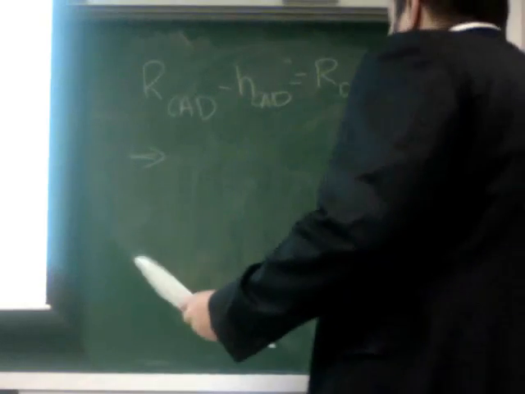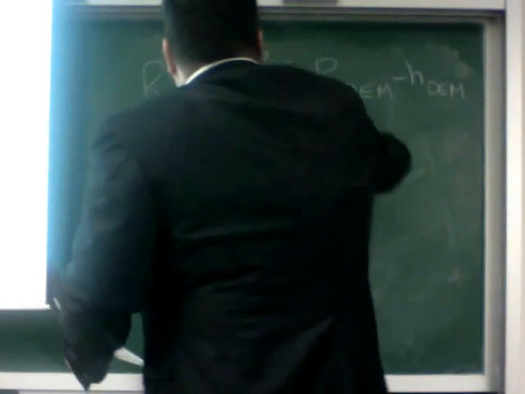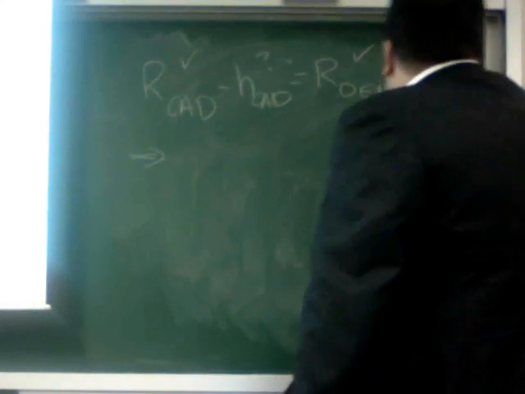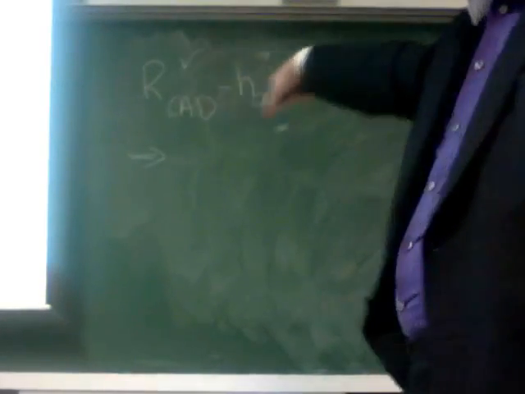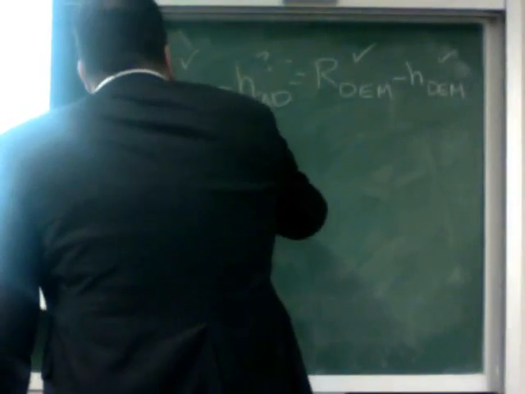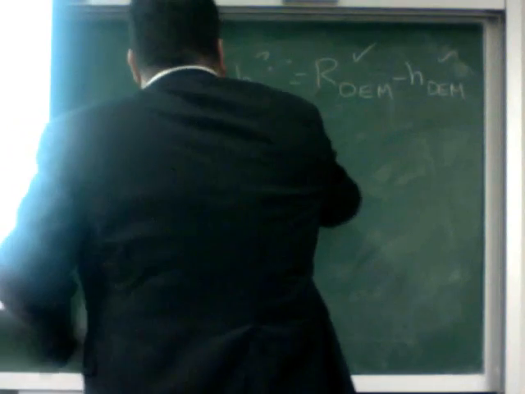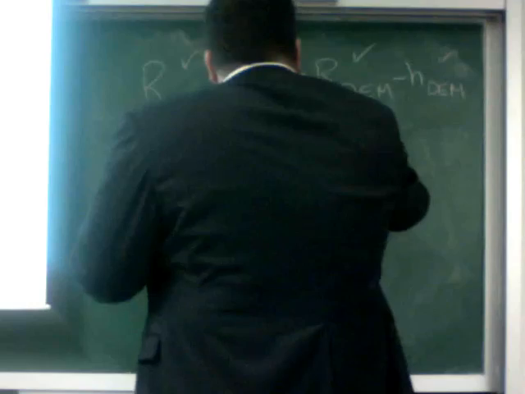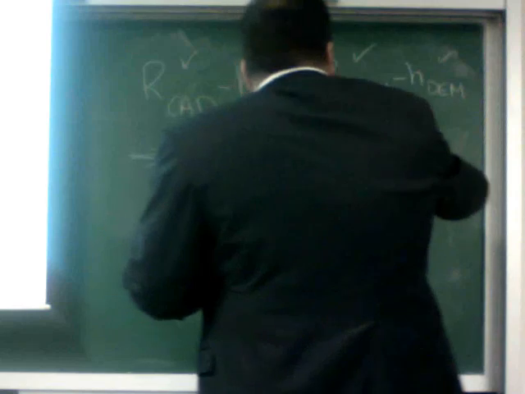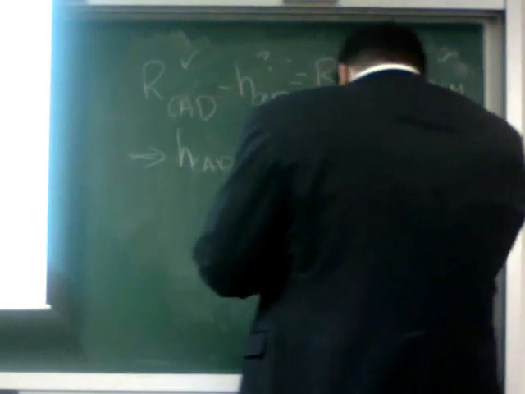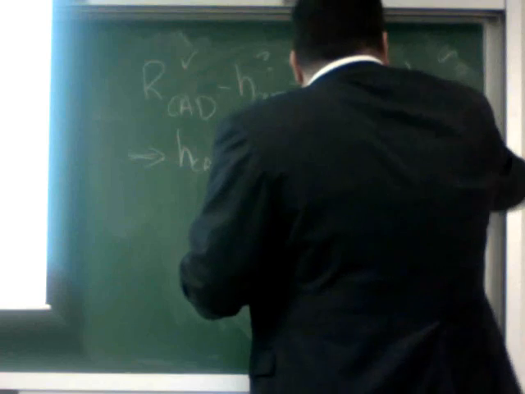So here we know we're looking for the inflation rate in Canada. We know the interest rates in the two countries and the inflation rate in Germany. So we just need to reorganize that equation for what we want, which is hCAD, which is going to be rCAD minus rDEM plus hDEM.